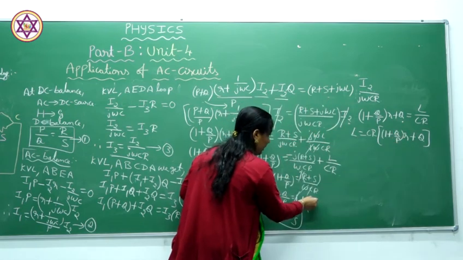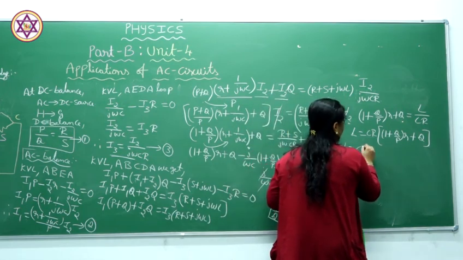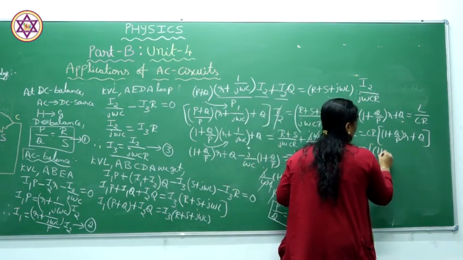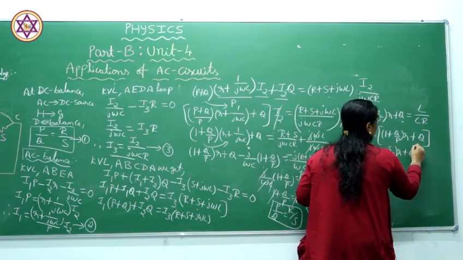Q by P is nothing but S by R. L is equal to CR into 1 plus S by R into R plus Q.